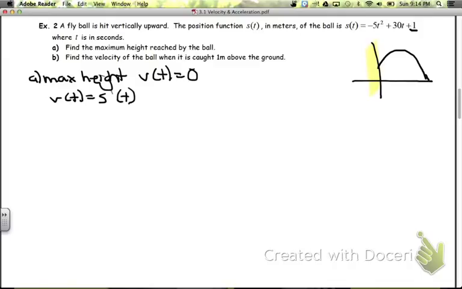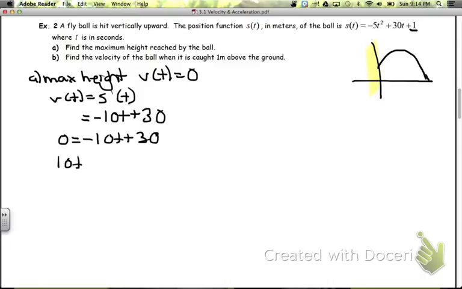So the derivative is -10t + 30. Since we know our max height occurs when our velocity is equal to 0, we set that equal to 0 so that we're able to solve for our t value.